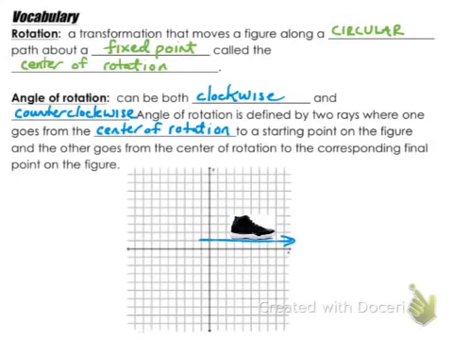As we rotate, the shoe is also turning, but it's also fixed on the fact that this is our center of rotation. So it's going to go around the center of rotation and also rotate as we rotate counterclockwise. So there are two rotations happening to the image.